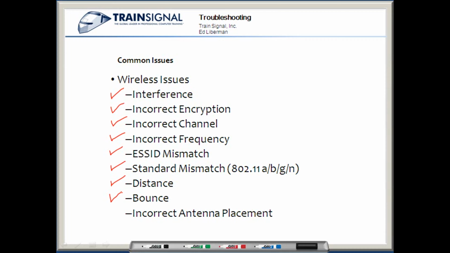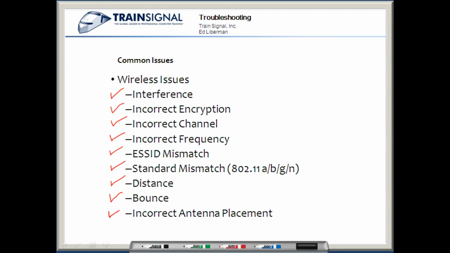But there's also another aspect of wireless bouncing, which has a lot to do with a signal partially getting through an object. But the bottom line is, think of bouncing when it comes to wireless as the signal bouncing off objects, because it will do that. And obviously certain frequencies are more susceptible to this bounce than others.